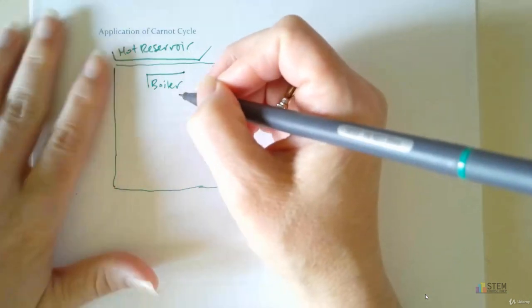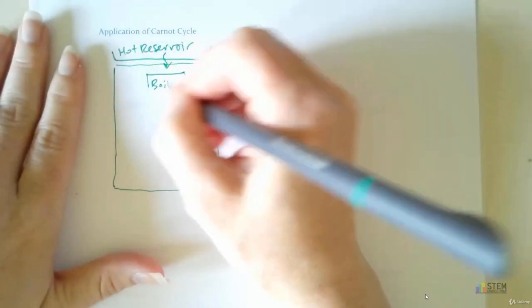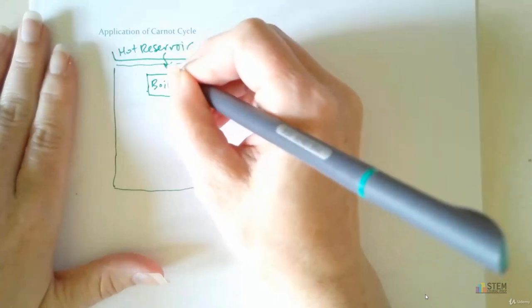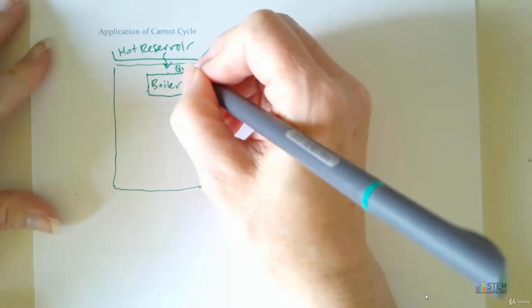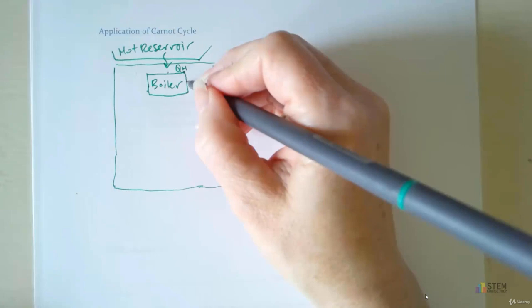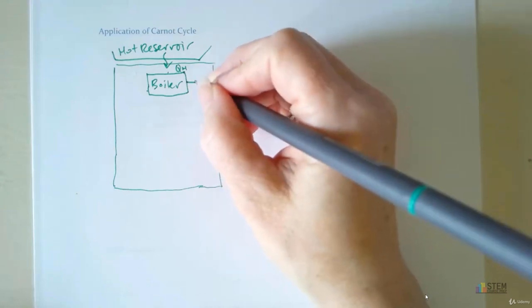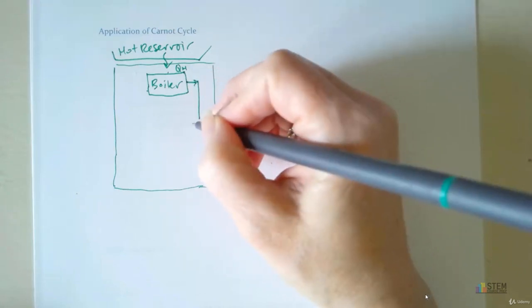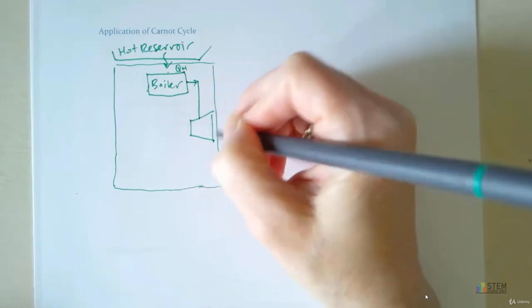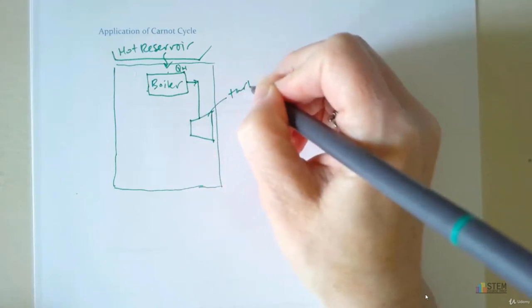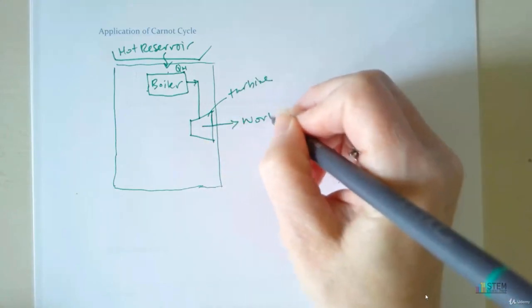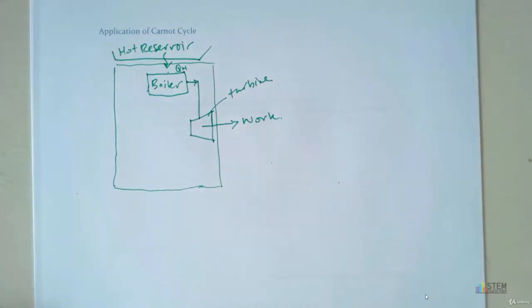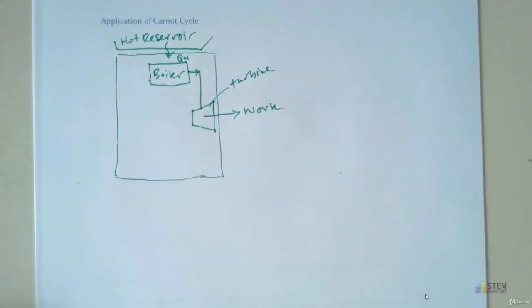We're going to have energy transfer by heat from the hot reservoir into this boiler. That's going to be QH. Now, from the boiler, let's go down to a turbine. Okay, so here's a turbine, and this turbine's going to produce work. So it could power something else, for example.